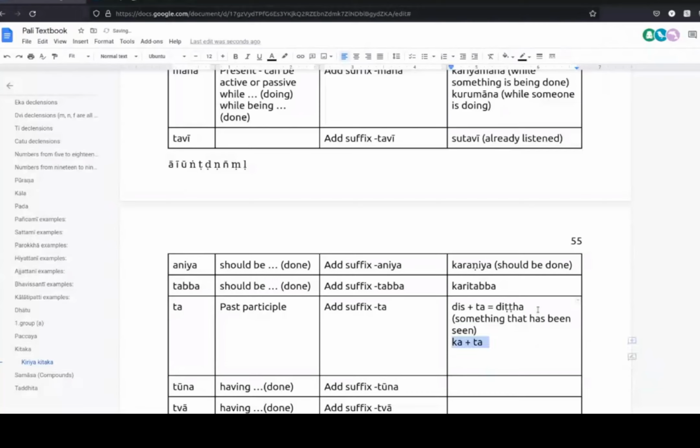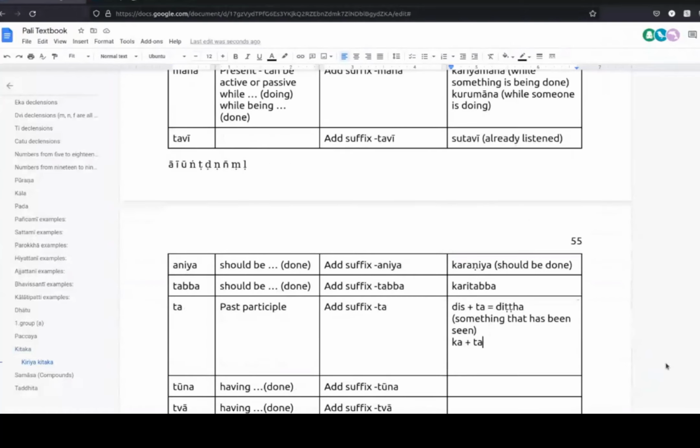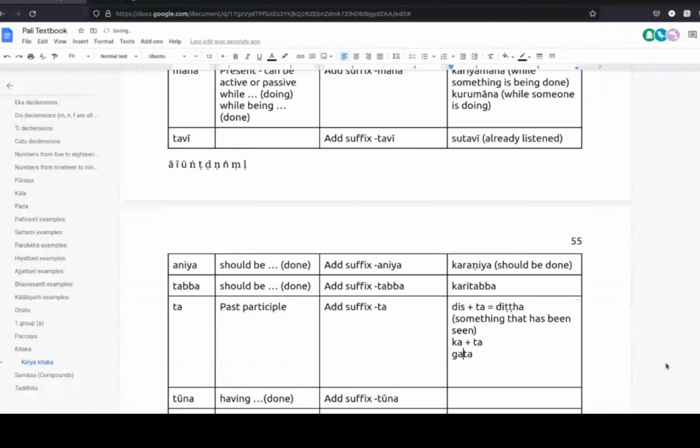And we had in the text agachanto. That goes here as well. No, that goes here. Oh, present. That's a present participle. Anta. We know that if you have ga here, this is ga. Gata. Gata means gone.